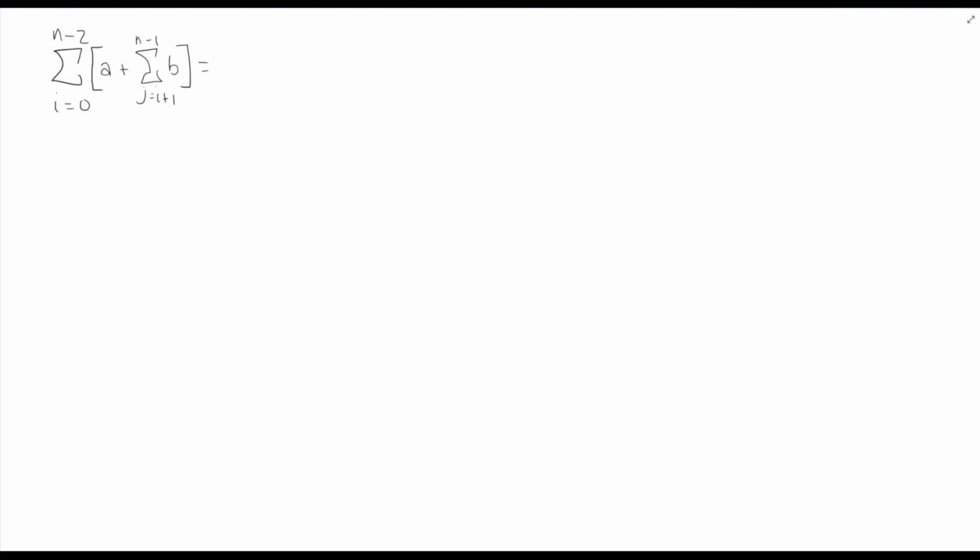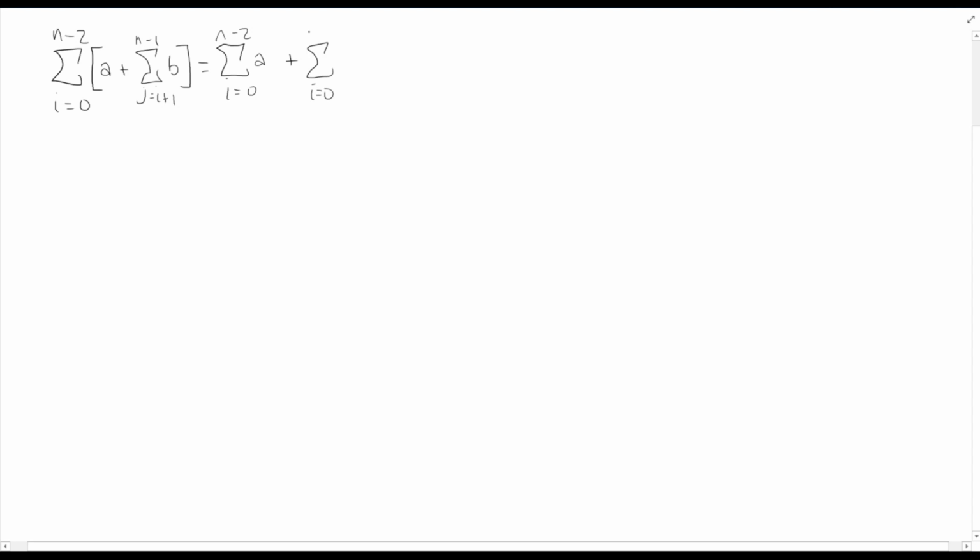Alright, so I have the sum written here for us to work with. And again, there's a couple techniques that we can use to do this. I think my goal here is I'm going to distribute that sum over. That's, again, my intuition at least. So we'll get our first sum, I equals 0 to n minus 2, of a, plus, now again, our double nested sum.